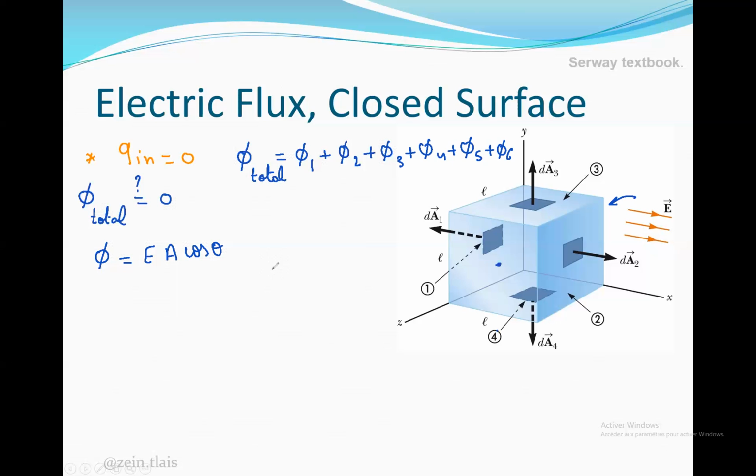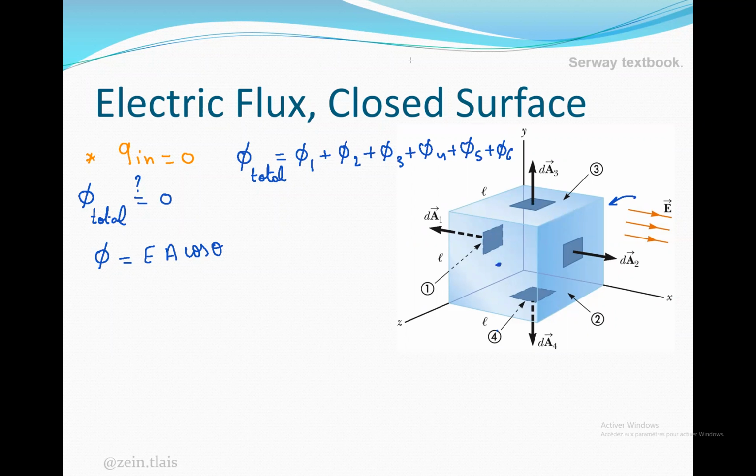In the case, if E and A are perpendicular, we can say the flux is equal to 0. I want to draw A for each one. Here at the top, we have A3 up, and here we have E. The angle is 90 between them.